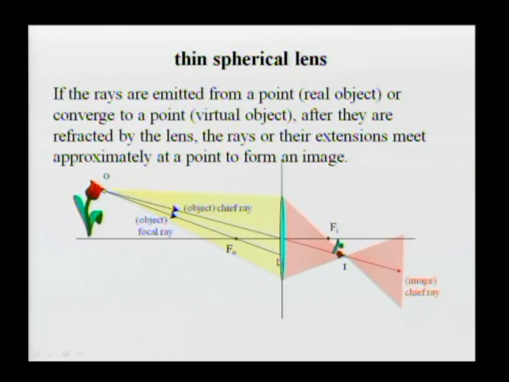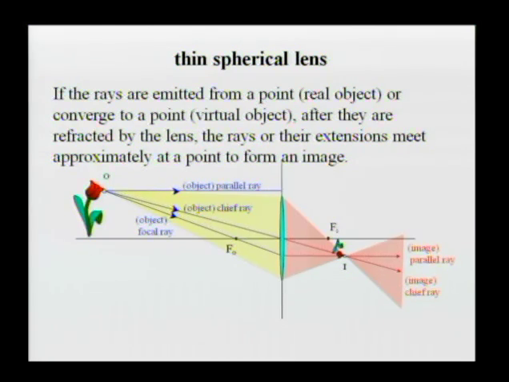And similarly, like in the case of a mirror, this time, however, after refraction, the light will travel along a ray which is parallel to the principal axis. So we will get an image parallel ray. And the last one is the object parallel ray.